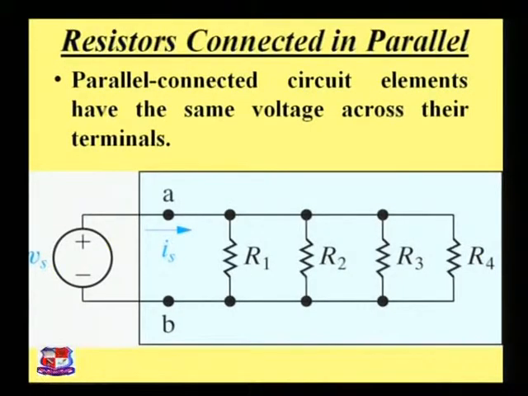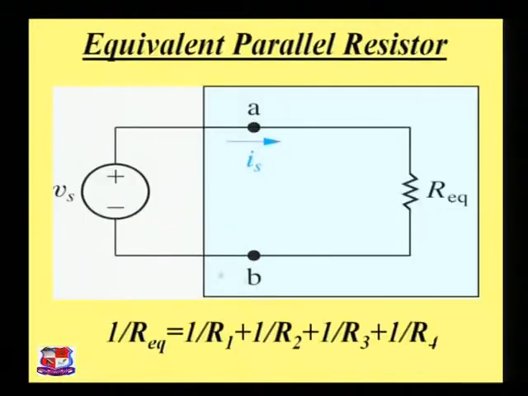Now what about resistors connected in parallel? Parallel connected circuit elements have the same voltage across their terminals, as we already discussed. So here in the circuit, the points are A and B, and all the resistors are connected in parallel form, or in shunt form, R1, R2, R3 and R4. The equivalent resistance of that is indicated as R eq.